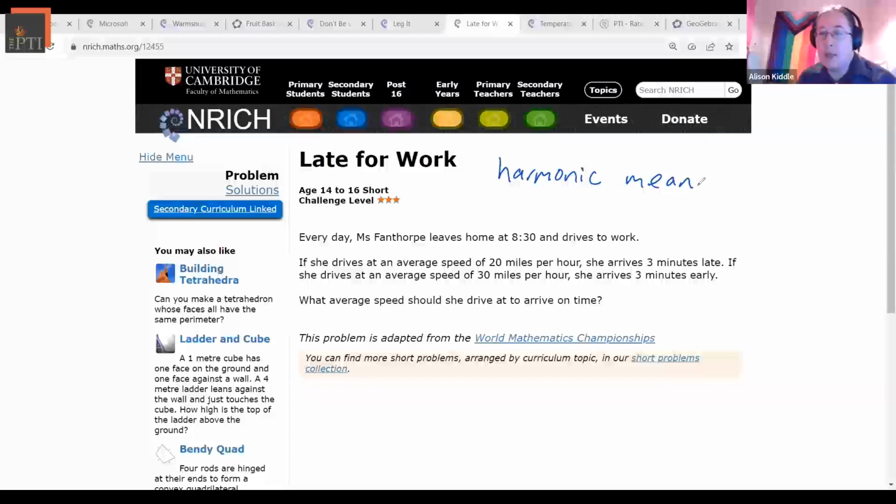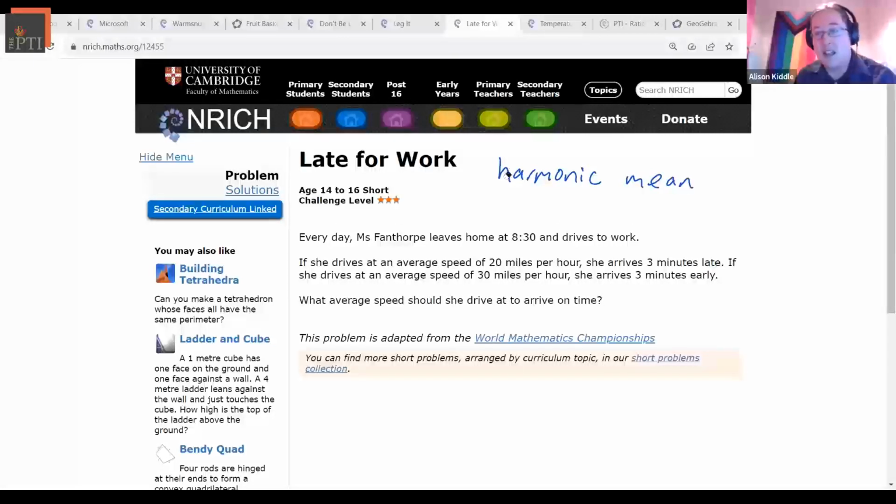When we're doing the mean of things, it's really tempting to say this is 20 miles an hour, this is 30 miles an hour, so we need to do 20 plus 30 divided by 2, so 25 miles an hour to find the average speed. But that would be just using the normal arithmetic mean. What you actually need to use quite often for questions about average speed is something called the harmonic mean.